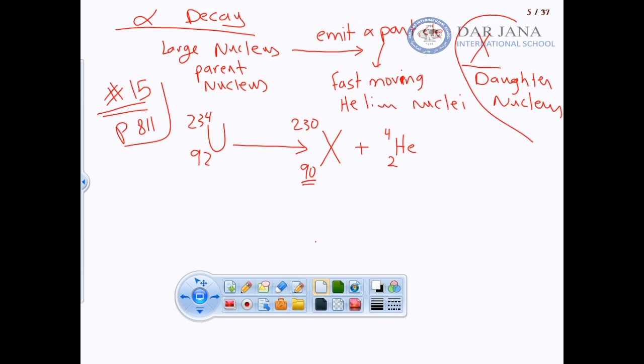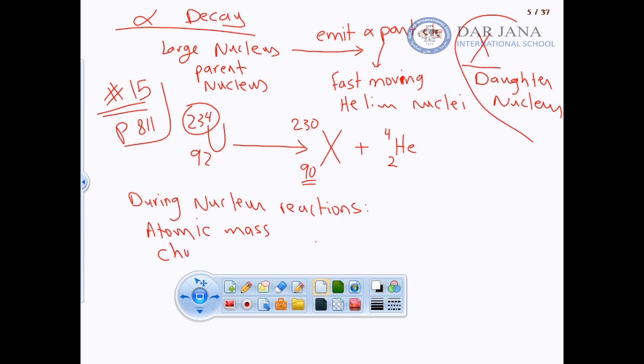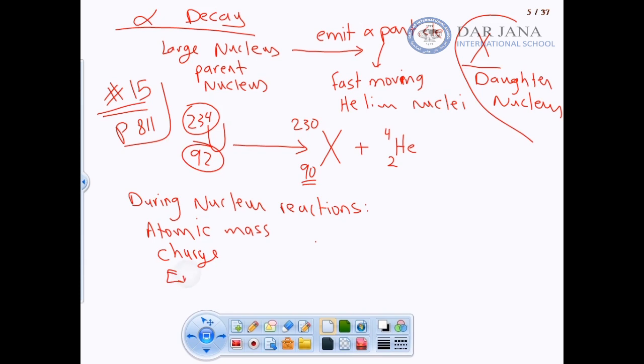Why is it 90? Because during nuclear reaction, atomic mass, this is the atomic mass, charge or atomic number, this is the atomic number here, energy and mass, of course, we said that, are all conserved.